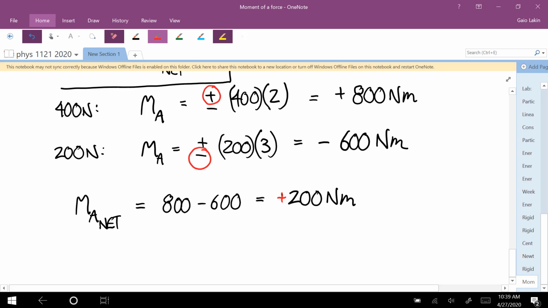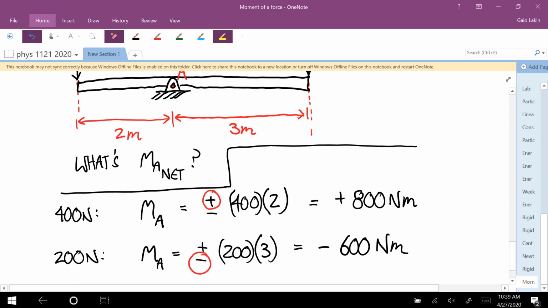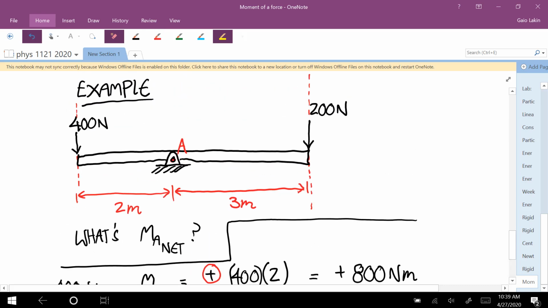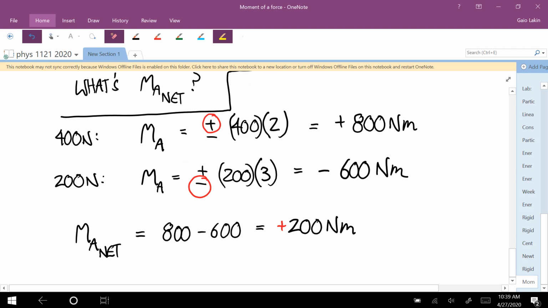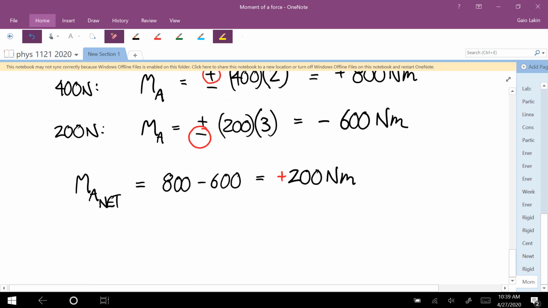And since it's positive, and since we've added up the moments from every force acting on this body, that positive says that these forces all together will combine to cause a counterclockwise rotation of this body.